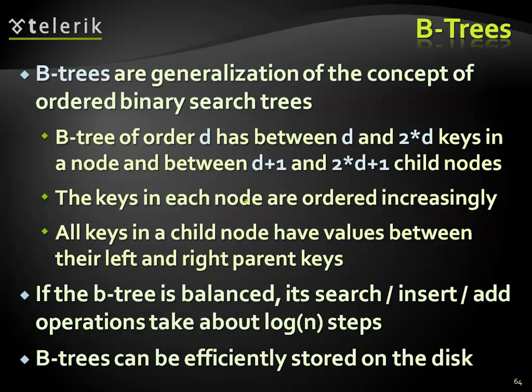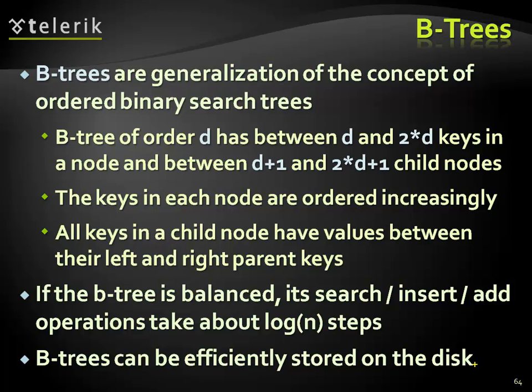Again, keys in each node are ordered increasingly. This is not basically a binary tree, but something like that. Something used for fast searching. Again, they take logarithm of n steps, and are efficiently stored on disk and in memory, I think.